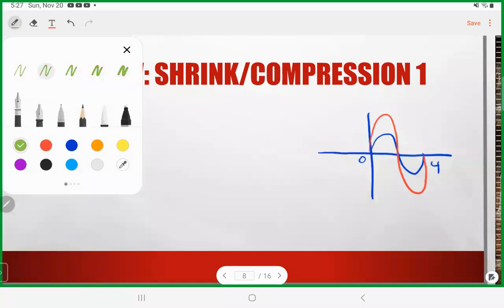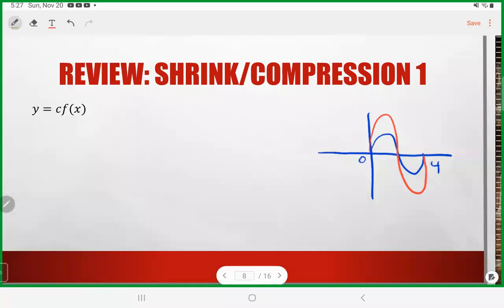If it's 1/2 of f of x, it would shrink the graph by a factor of 2. Just divide all the y values by 2. It's very self-explanatory. It's what you expect.